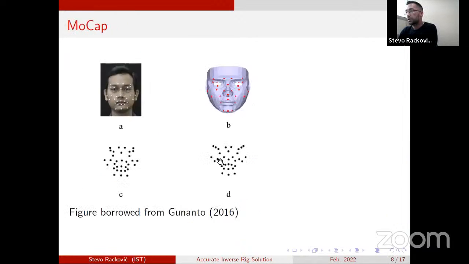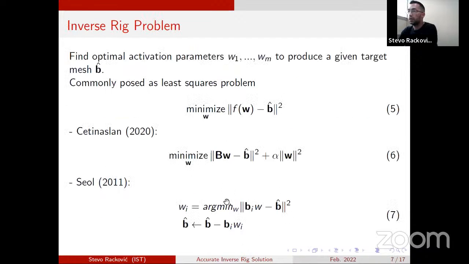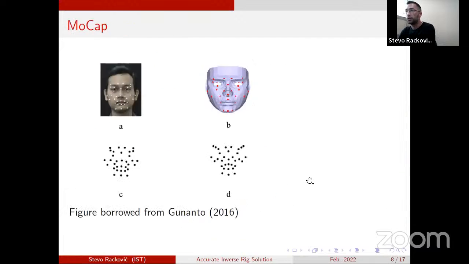So we call this the localized solution. We can have a closed form solution and then clip the values, which we call set-loc. Or we can solve it including the constraints from the beginning, which we call set-loc CVX. And then we have the other one, which is this component-wise optimization, and we call it cell.